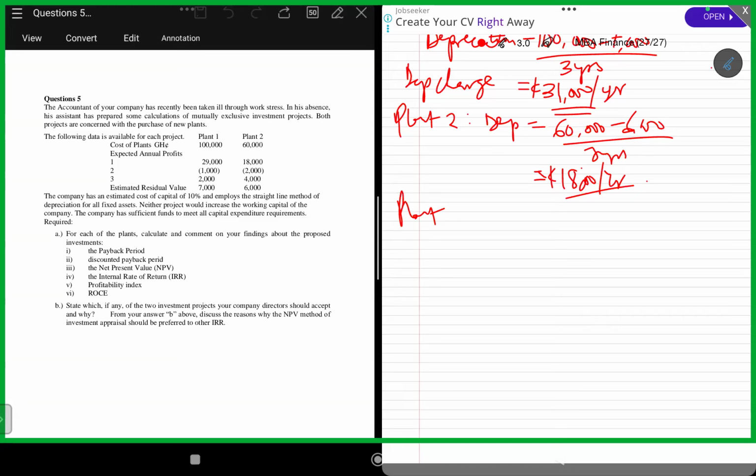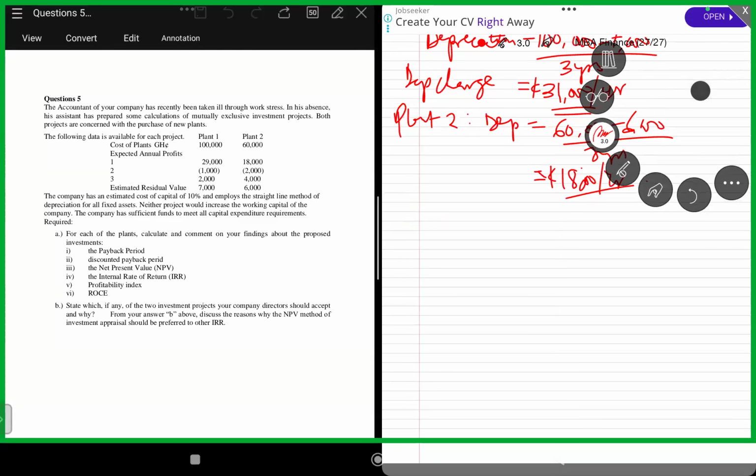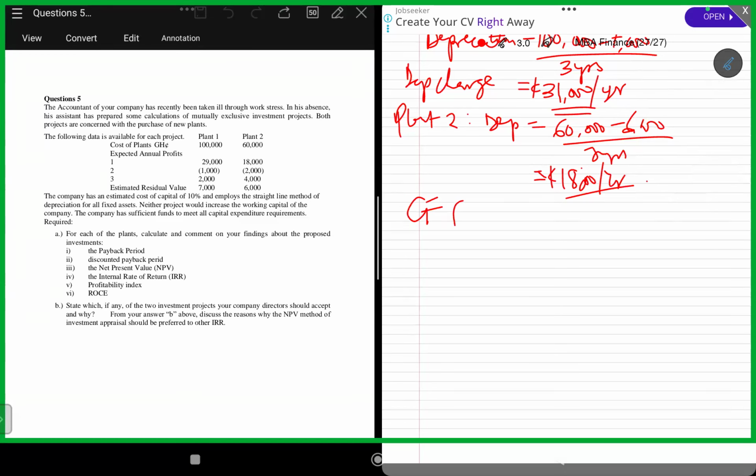So the cash flow for plant one. Put year 0, year 1, year 2, year 3. Then we have the profits. Year 0, no profits.